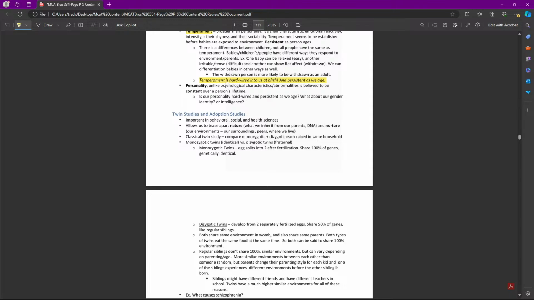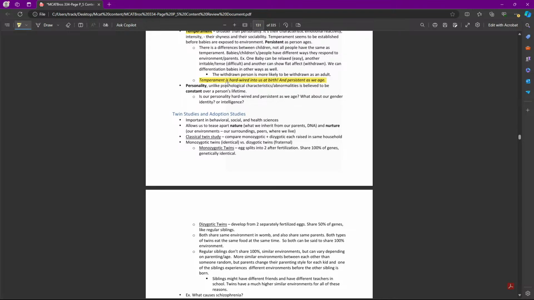Okay. So, twin studies and adoption studies. I went through this in my abnormal psychology class, so this is very familiar to me. It's important to behavioral, social, and health sciences, and allows us to tease apart nature and nurture.